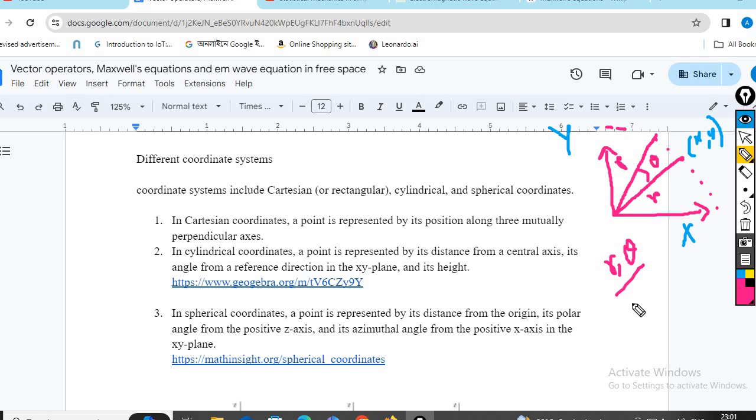Whereas in 3 dimensions, if you extend the third coordinate, this will give us the idea about the cylindrical and spherical coordinate systems. One can think about a circle, and the circle can be represented by r and theta. Then let me extend it to the cylindrical and spherical coordinate systems.